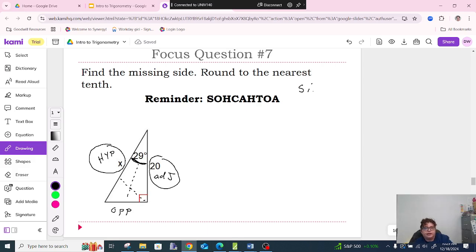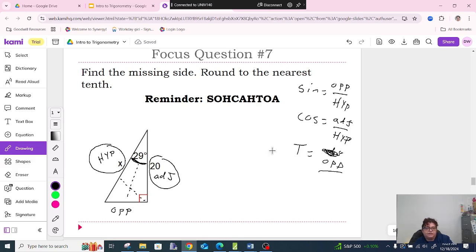Sine equals opposite over hypotenuse. Cosine equals adjacent over hypotenuse. And tangent equals opposite over adjacent, sorry.